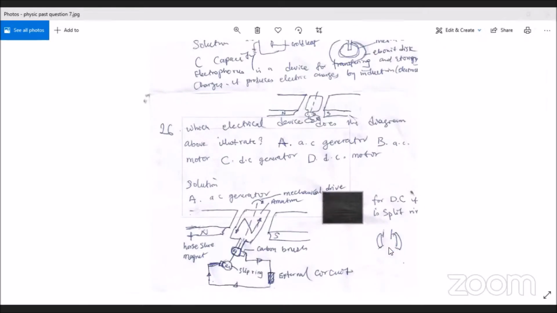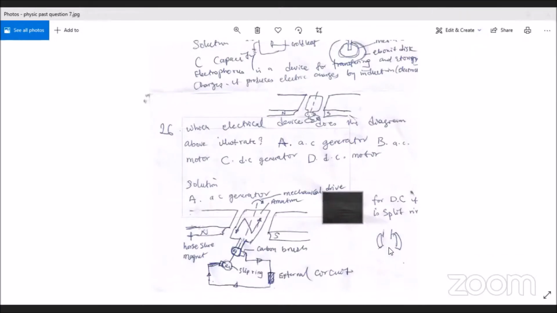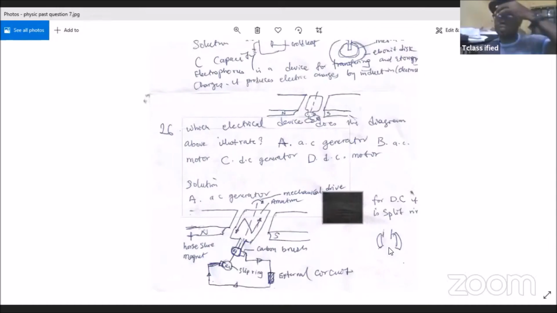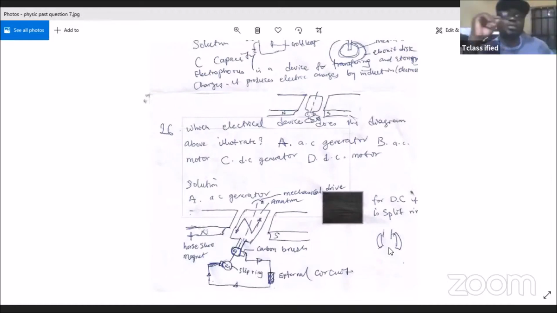For physics, we've not done 2019, and I don't have 2020 for physics.